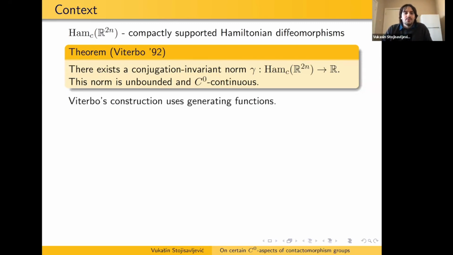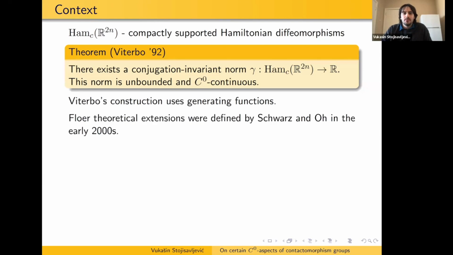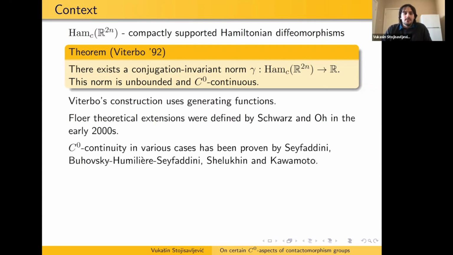And somehow the way this was constructed is using generating functions. And then later there have been Floer theoretical approaches, notably by Schwarz and Oh. And the C0 continuity of these invariants coming from Floer theory is still an active thing which people research.